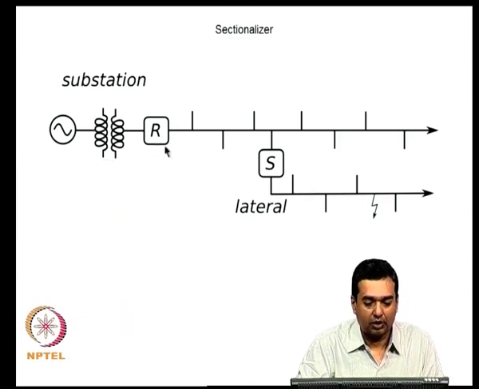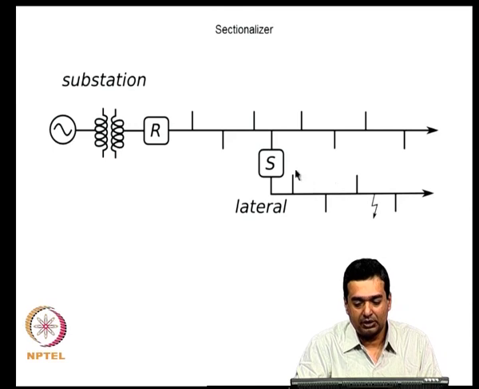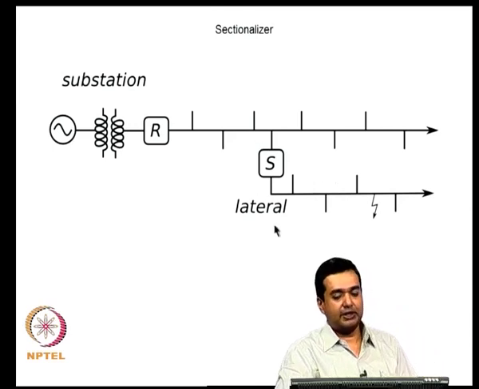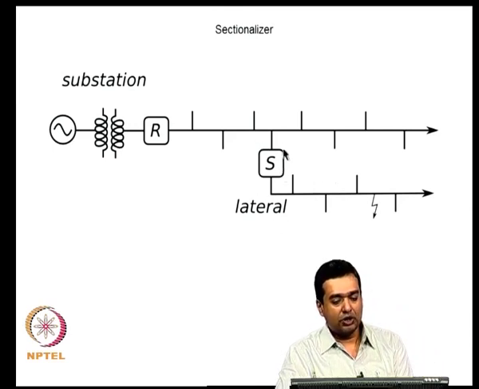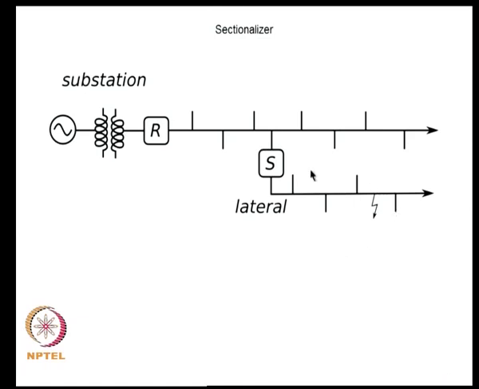You have a feeder and you have branches or laterals on this feeder, and say you locate your sectionalizer on this particular lateral, and you want to isolate this particular lateral when there is a fault on the lateral rather than de-energize the entire feeder.